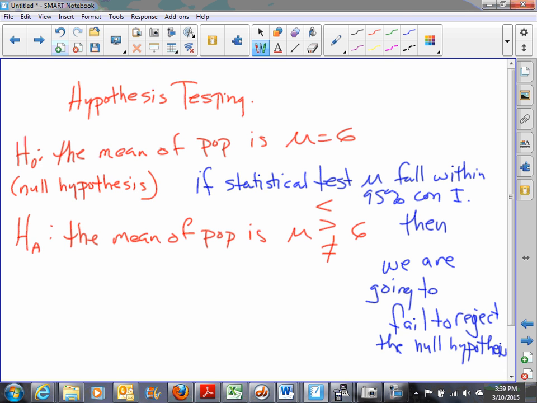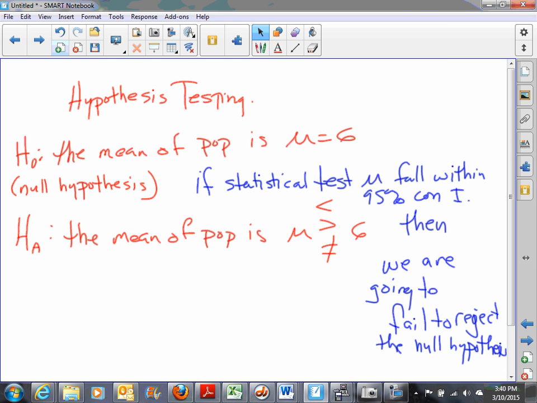But to set the test up, he's got to come up with the null hypothesis as the mean is 6, and then run the test and find what your sample mean is, and then find the confidence interval. And if it's outside the confidence interval, then we reject the null hypothesis in favor of the alternate hypothesis. But if it's not outside the confidence interval, what we say is we fail to reject the null hypothesis.